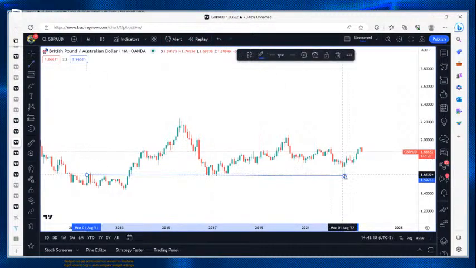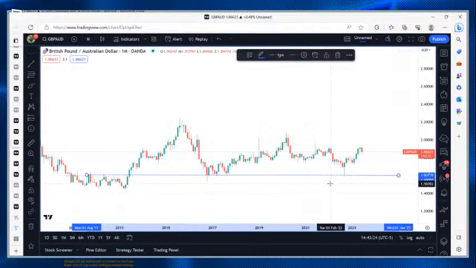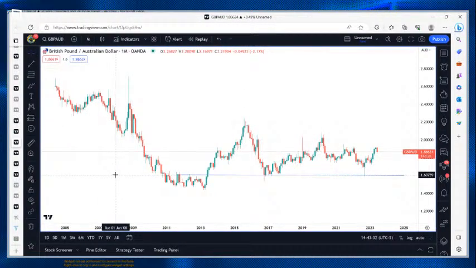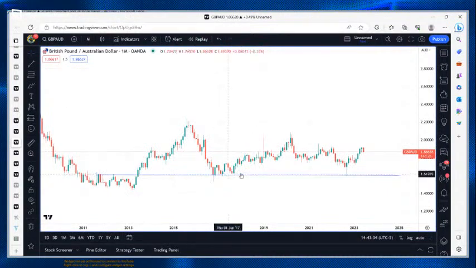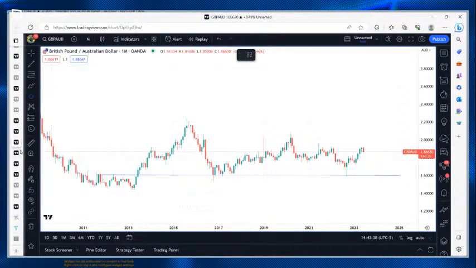Bingo. You can see we got a level of support. You see how we have a level of support here. We got resistance in the past, and then we have support. To make it clearer, we got support here, support there, support here.